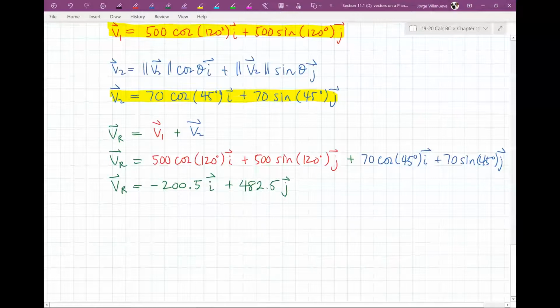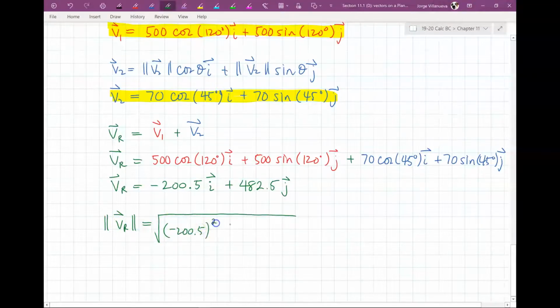So if they want the speed, the magnitude of this thing, then I got to find the magnitude of V sub r, which would be the square root of negative 200.5 squared plus 482.5 squared.